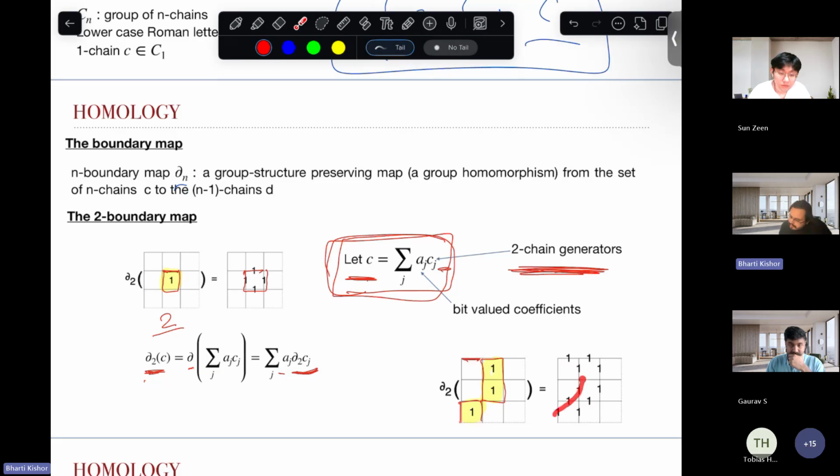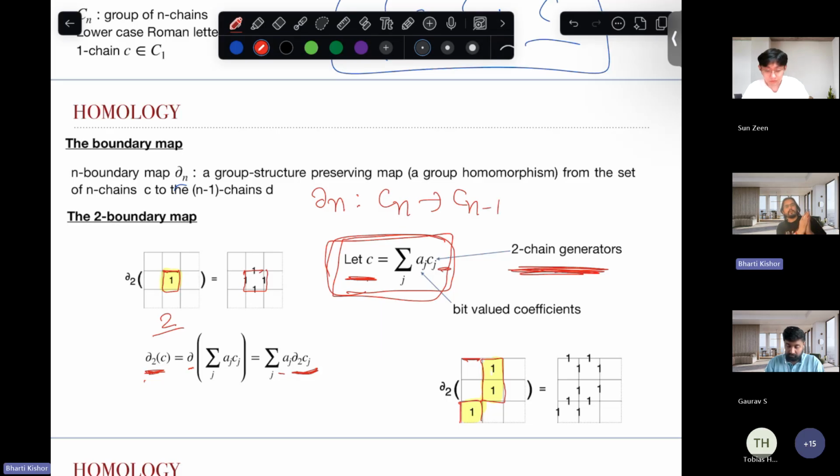So you see that you start with some 2 chain, apply the boundary operator, the boundary map, and it gives you a 1 chain, which is the boundary of that 2 chain. So it's a map, let's say in this case, delta n will take you from Cn to Cn minus 1.